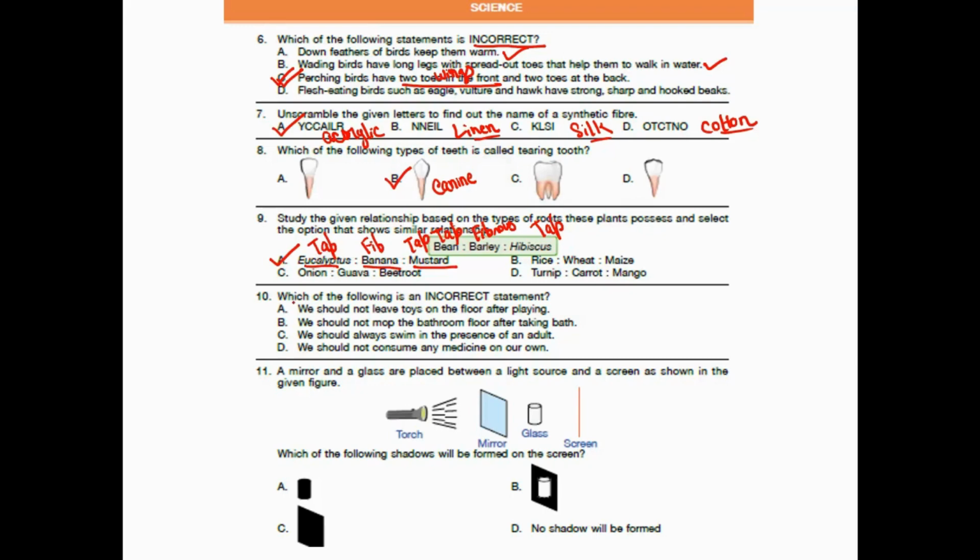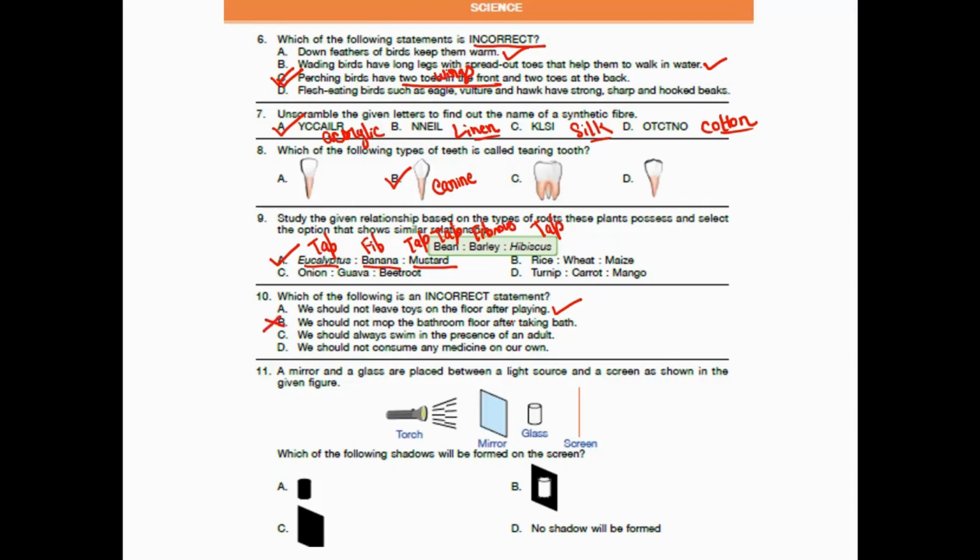Coming to question number 10, which of the following is an incorrect statement? So here we can see the first option says we should not leave toys on the floor after playing. This is correct, right? If we keep our toys scattered on the floor, somebody can topple down and get hurt. So we shouldn't do that. We should not mop the bathroom floor after taking bath. This is incorrect. Why?